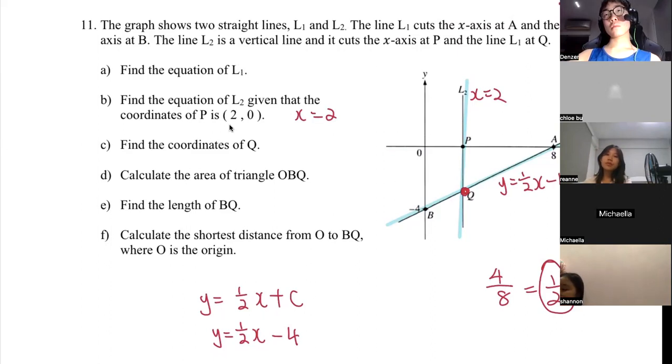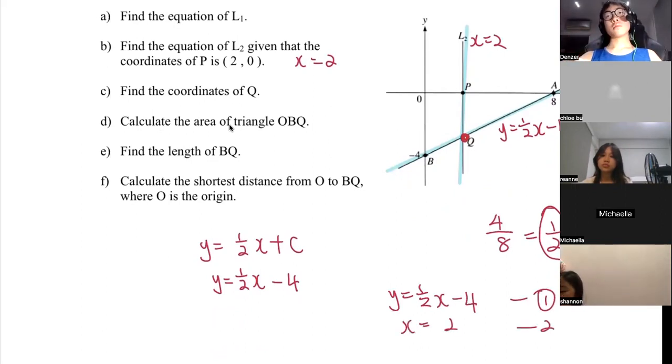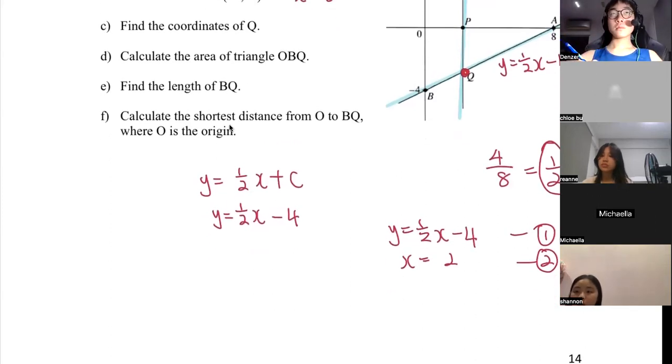I already got the equation of these two graphs. These are your equations to do simultaneous equations on. y equals half x minus 4 is equation 1, and x equals 2 is equation 2. Substitute equation 2 into equation 1 straight away.